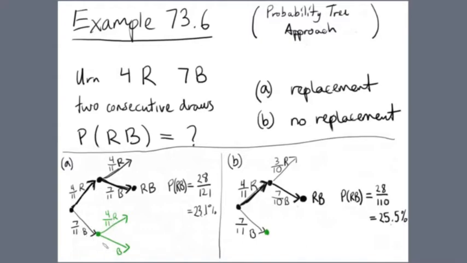And what's the chance of drawing a blue on the second draw, given that we drew blue on the first draw? Well, there's still 7 blues in the urn, and there's still 11 marbles in the urn. So here we have this part of the tree finished out.